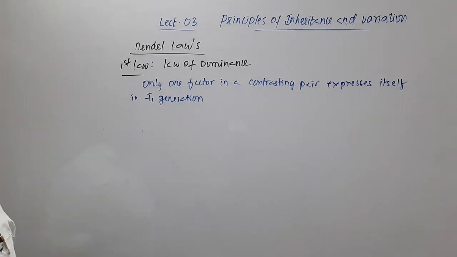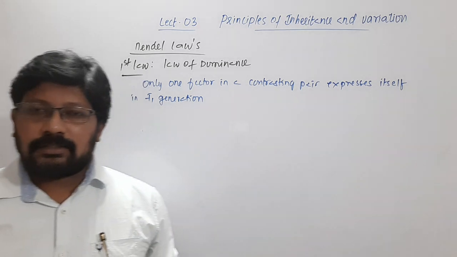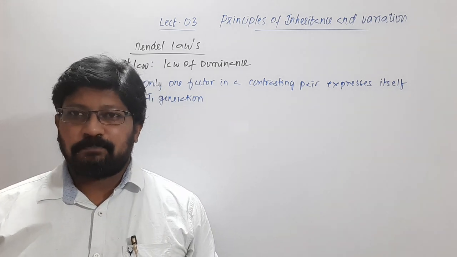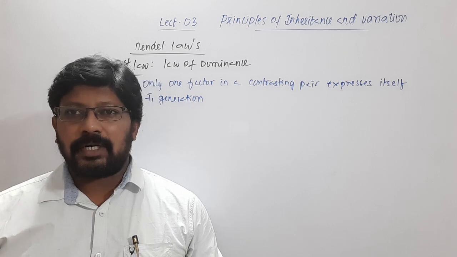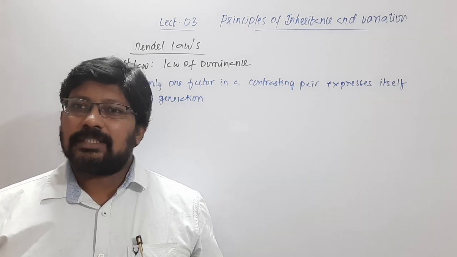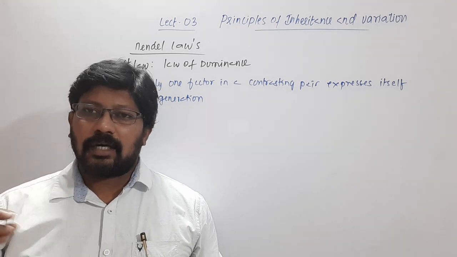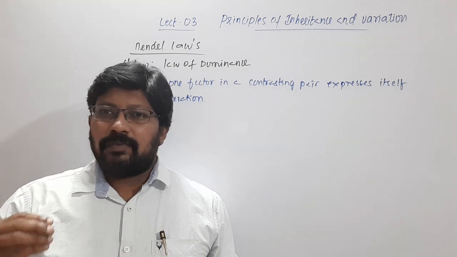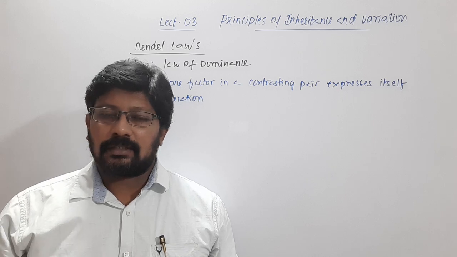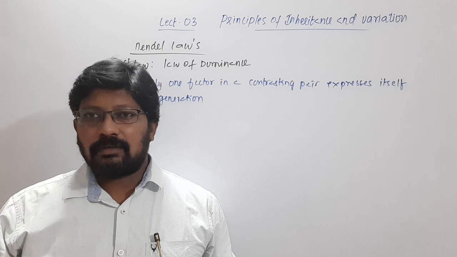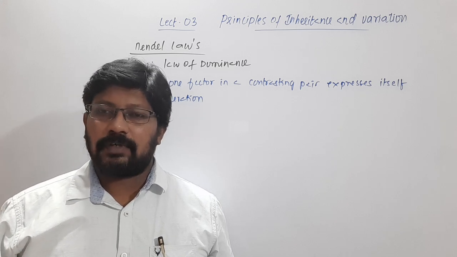In Mendel's time there was no word called gene, and no one knew properly what DNA is, what the physical form of these genes would be, where they are present, how they are present, what they are made up of, nothing.